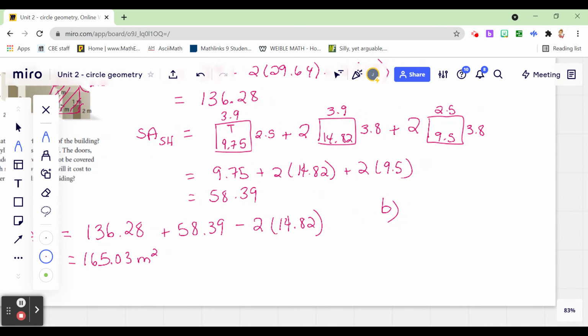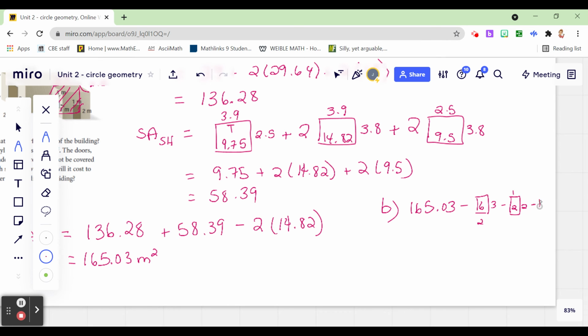All right, so for that, we need to take our 165.03 and we're going to minus the door, which is 2 by 3. So that's going to be 6 in there. We're going to minus the other door, which is a 1 by 2. So that's going to be 2 that we're subtracting.